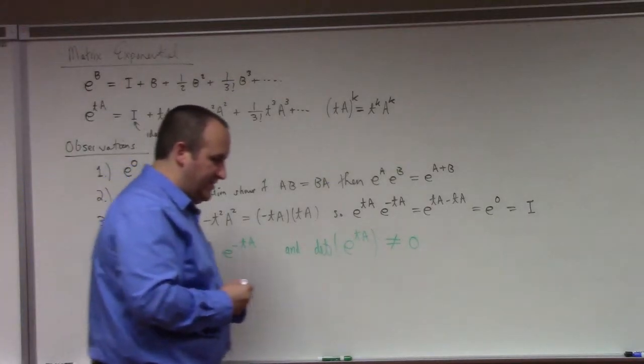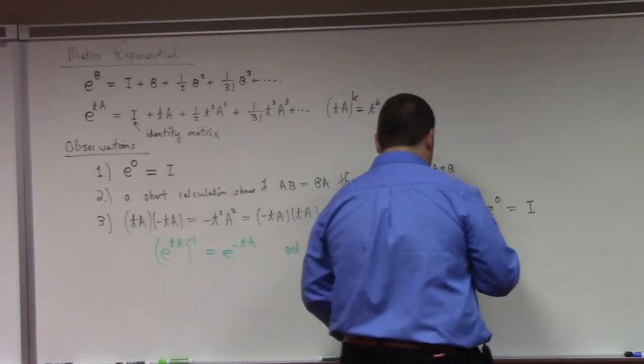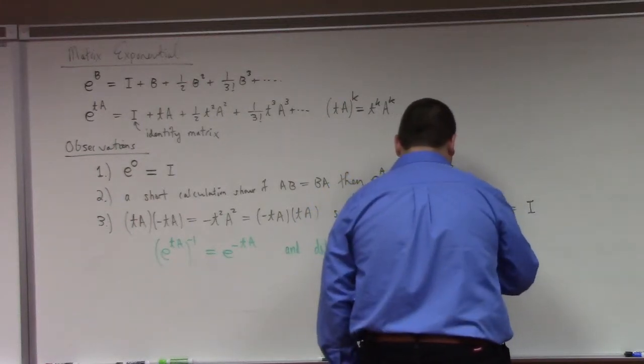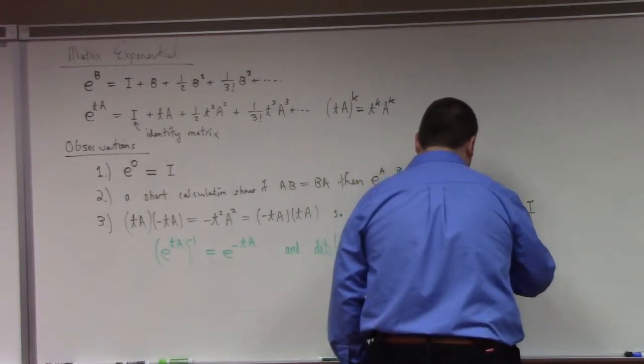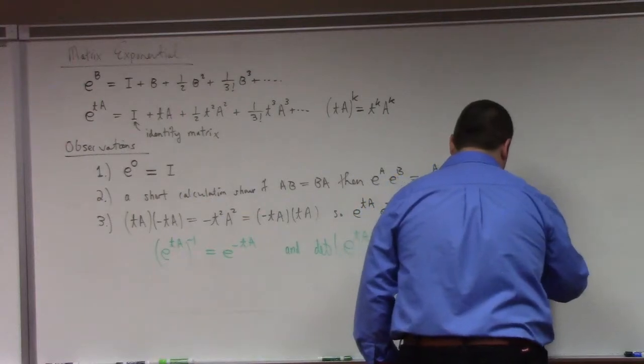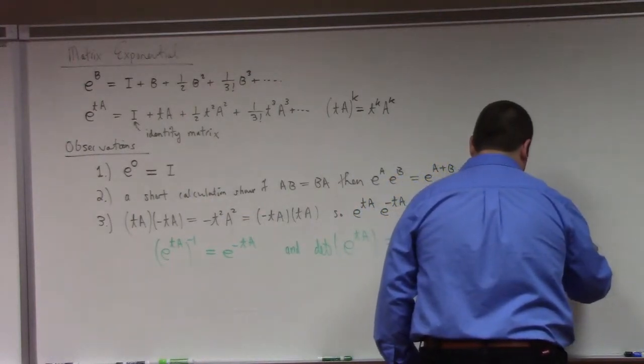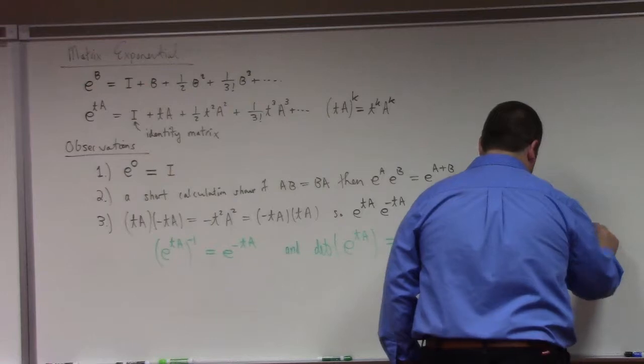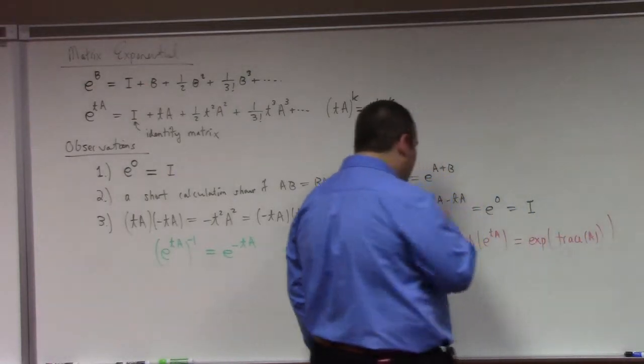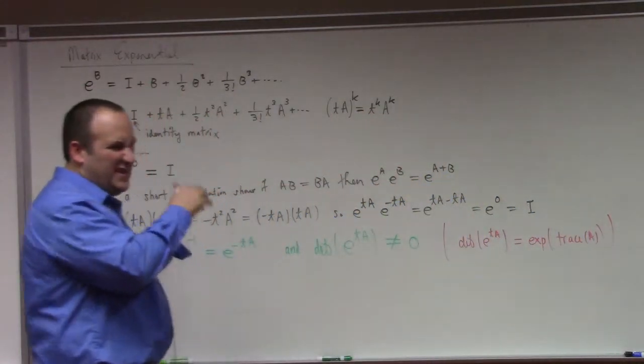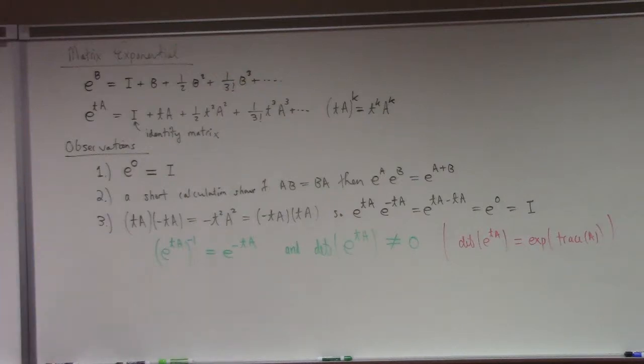I cannot help but misbehave and tell you things. The determinant of e to the tA is actually the exponential of the trace of tA. The trace of A is the sum of its diagonal entries.